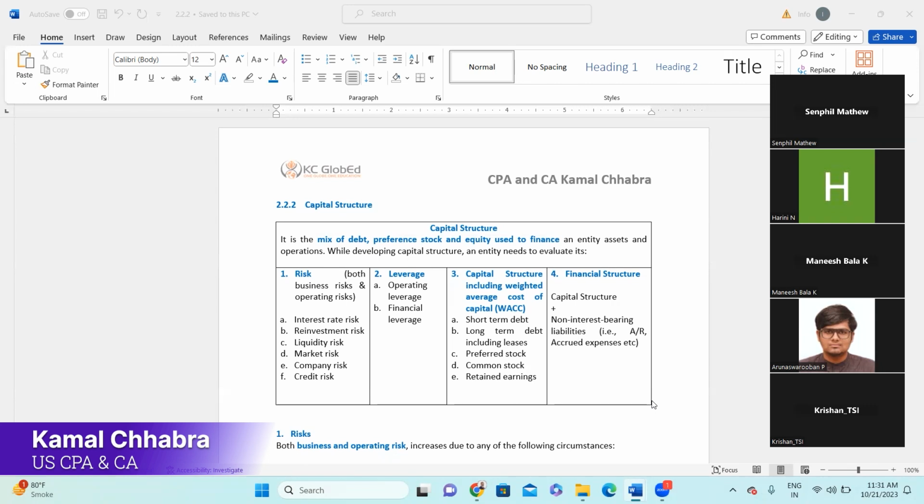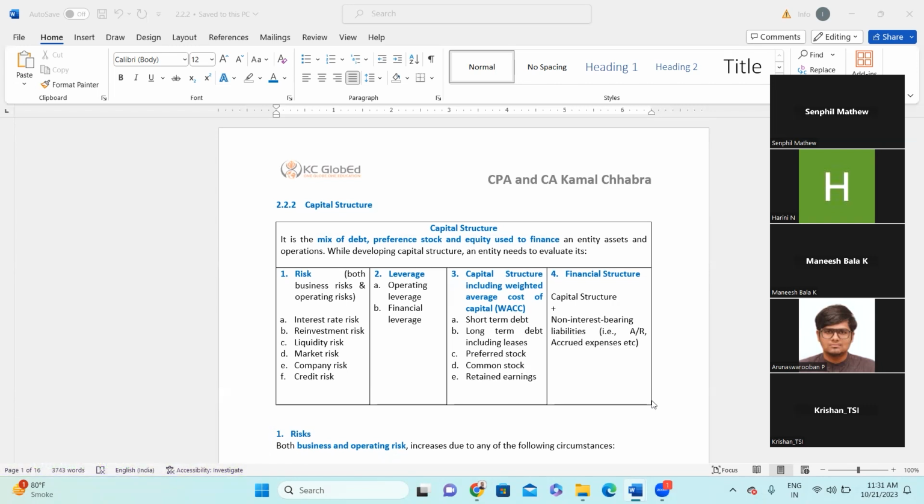As we are discussing capital structure, our focus would be more toward the amount which we are receiving other than sales. Whatever amount you are receiving to run and manage the operation of the business is called capital. Or sometimes, if it is from the government, it can be a grant.